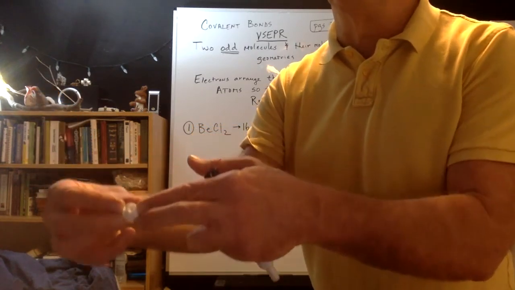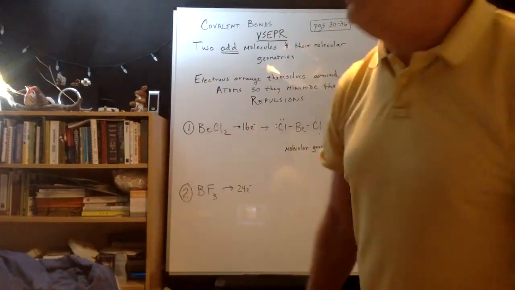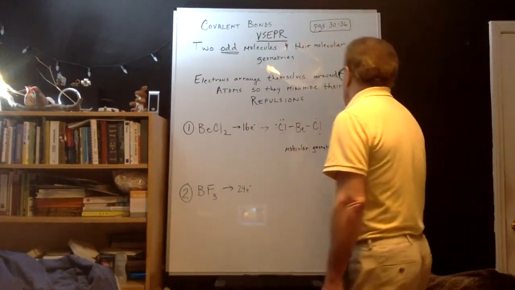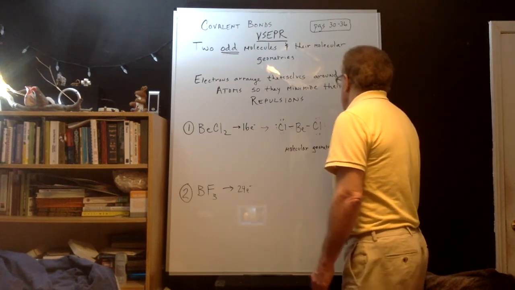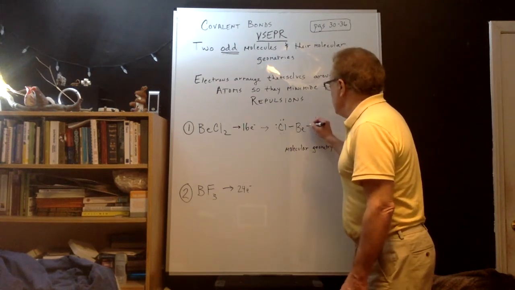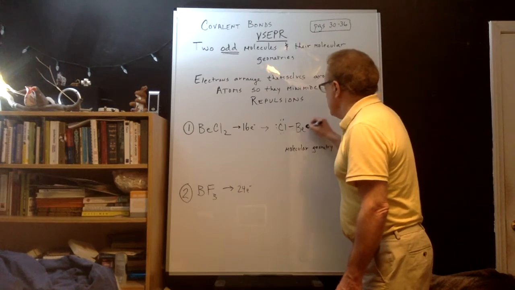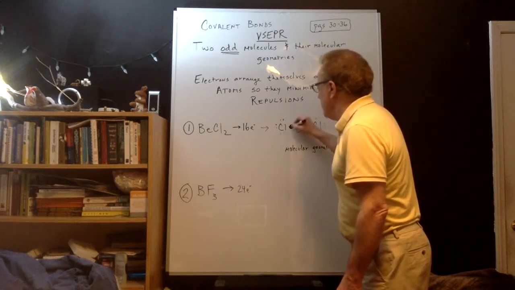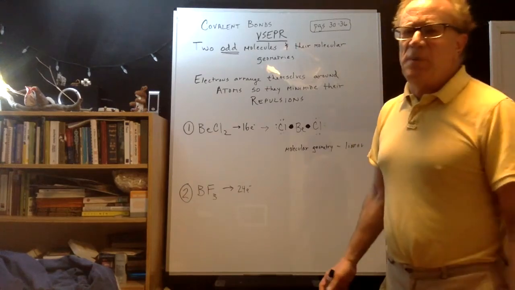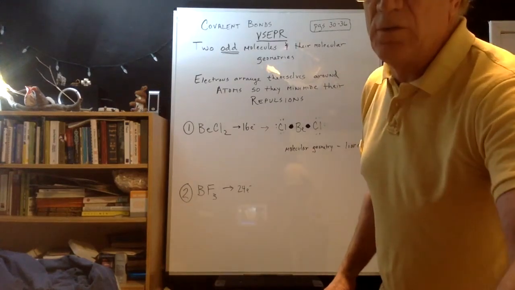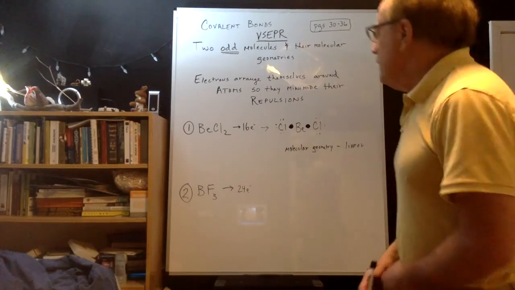And that would put the electron pairs as far apart as possible. And so the molecular geometry is linear because this pair right here is 180 degrees from that pair right there. And that minimizes the way those 2 pairs of electrons interact with each other.